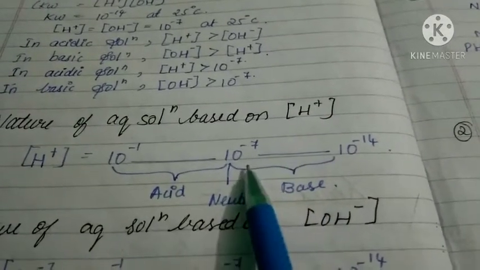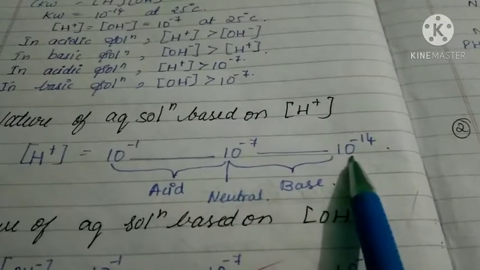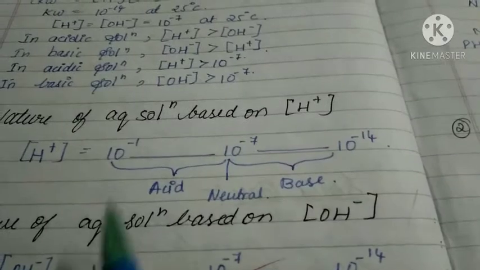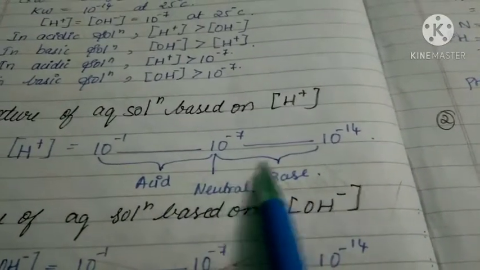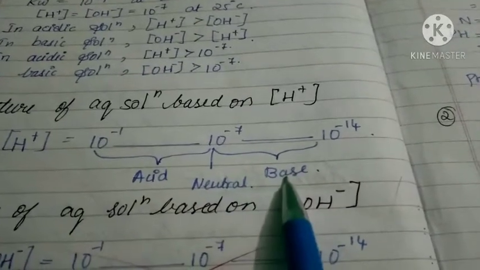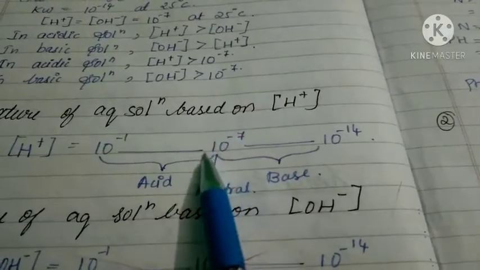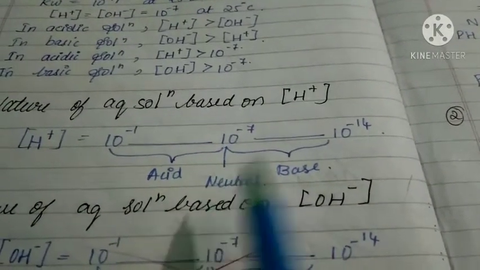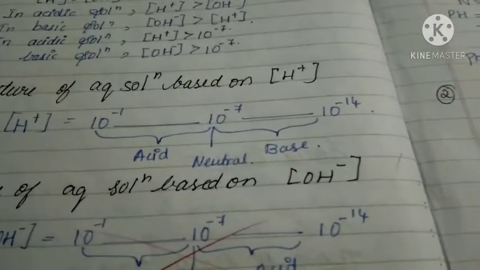If H plus concentration lies between 10 to the power of minus 7 to 10 to the power of minus 14, that will be a basic solution. If H plus concentration is exactly equal to 10 to the power of minus 7, that will be a neutral solution.